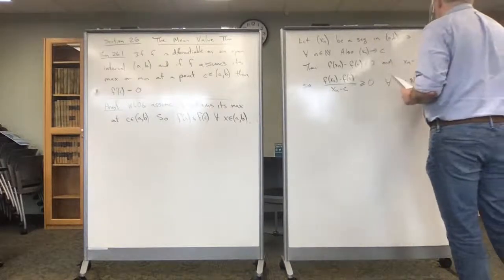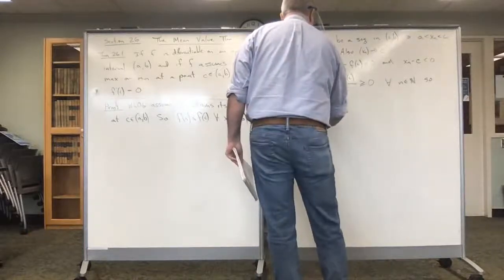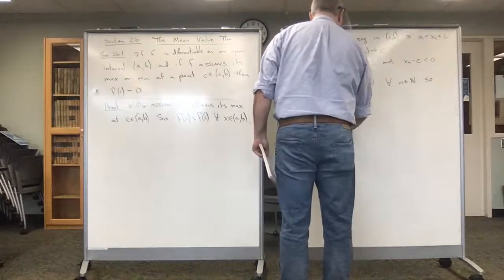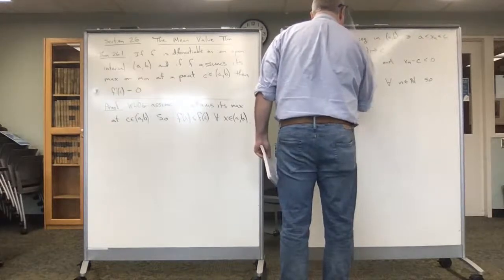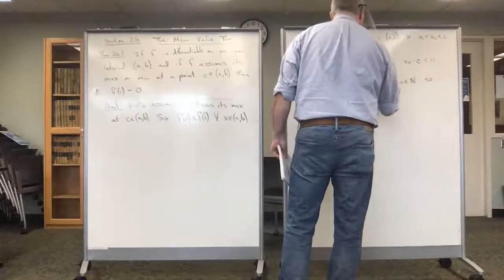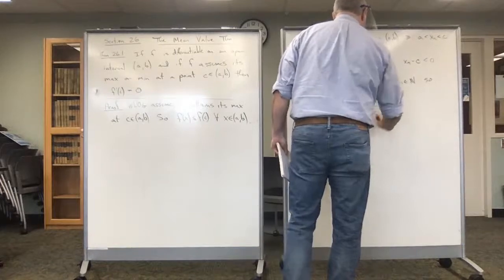So that would tell me that f prime of c, which is equal to the limit as n goes to infinity of this difference quotient, f of x sub n minus f of c over x sub n minus c.